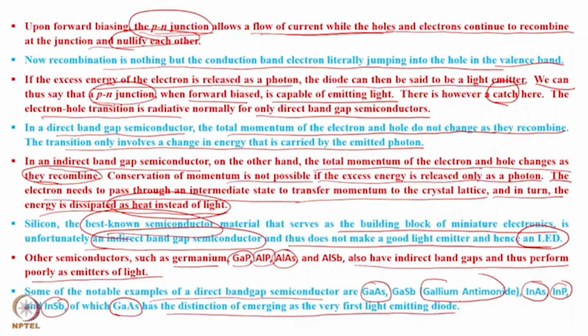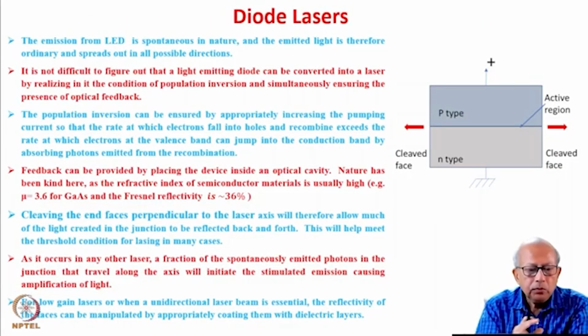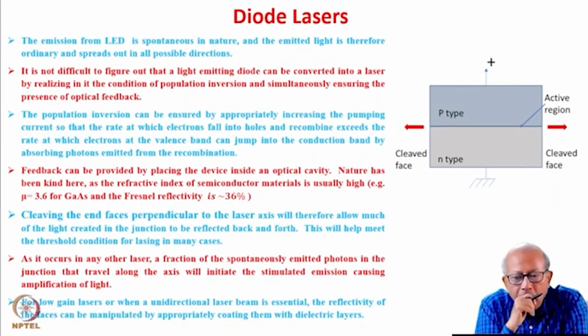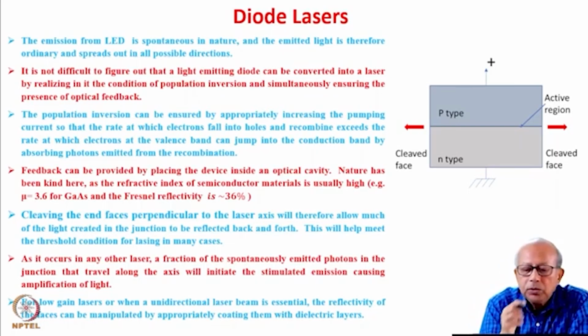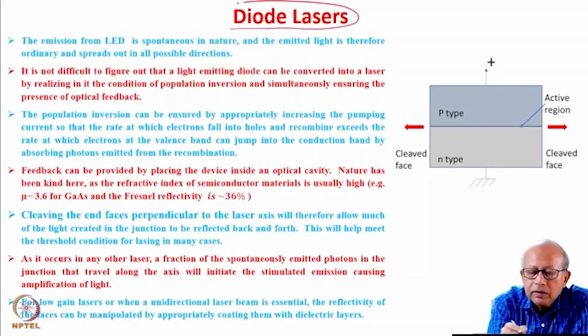And also, as you would see later, the very first semiconductor laser also made use of gallium arsenide as the active material. So with this background knowledge, let us now switch over to diode lasers.